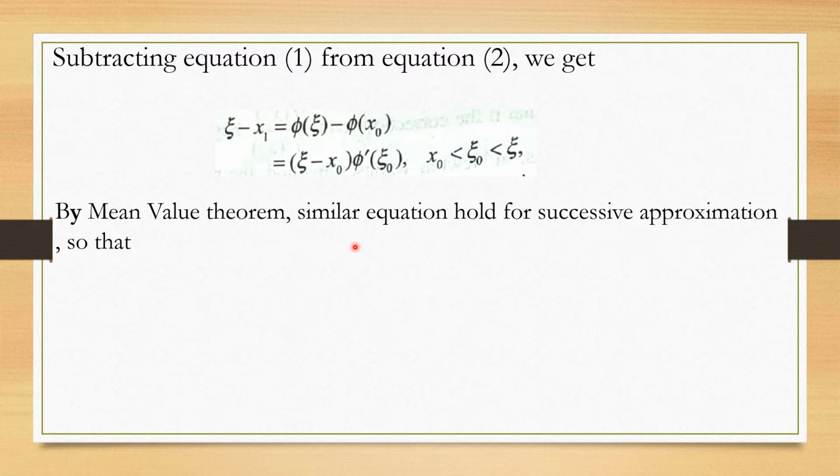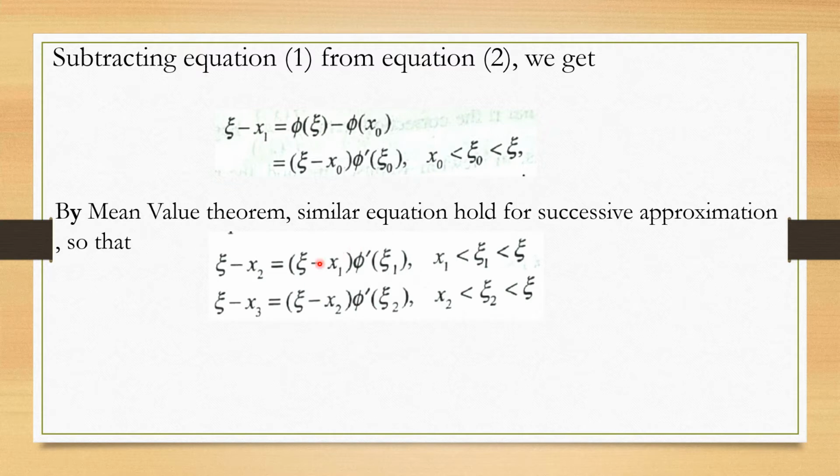Similar equations hold for successive approximations so that we can write xi minus x2 as xi minus x1 times phi dash at xi1, where xi1 is any number between x1 and xi.